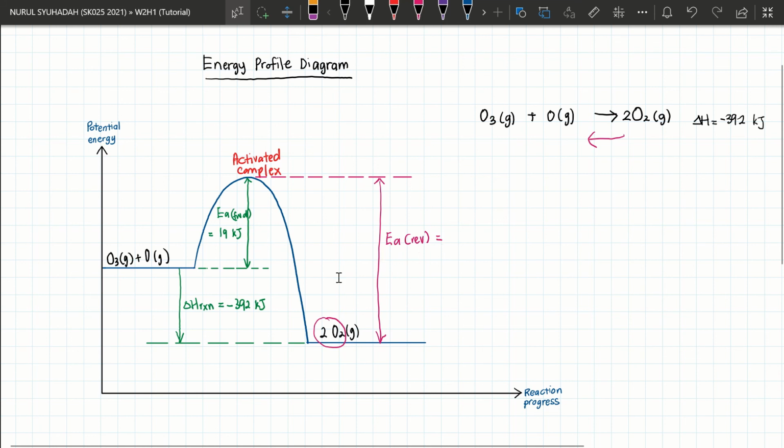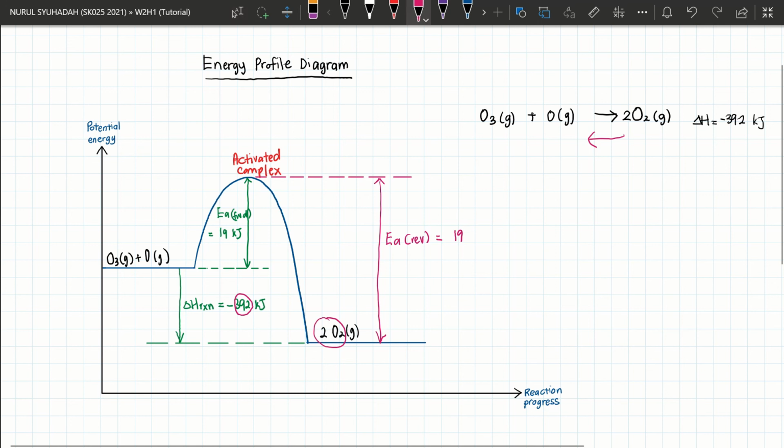We want to find the value of the reverse reaction. The value for the reverse reaction will be the addition of the value of the forward reaction and also the value for the delta H of the reaction over here. So the value of the forward activation energy is 19, and we're going to add only the number here, because if you look here, it takes all the value down here.